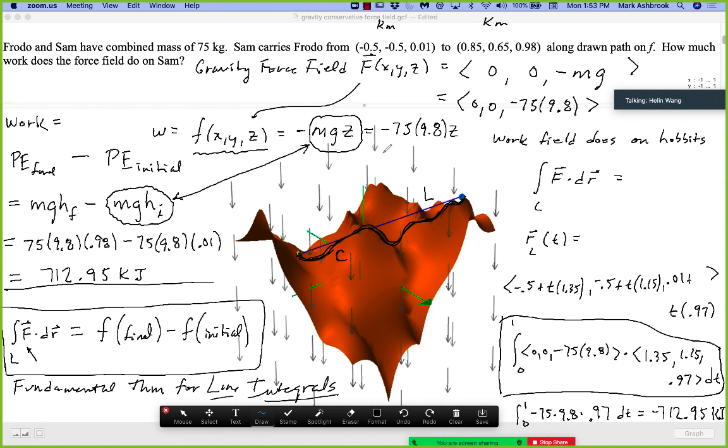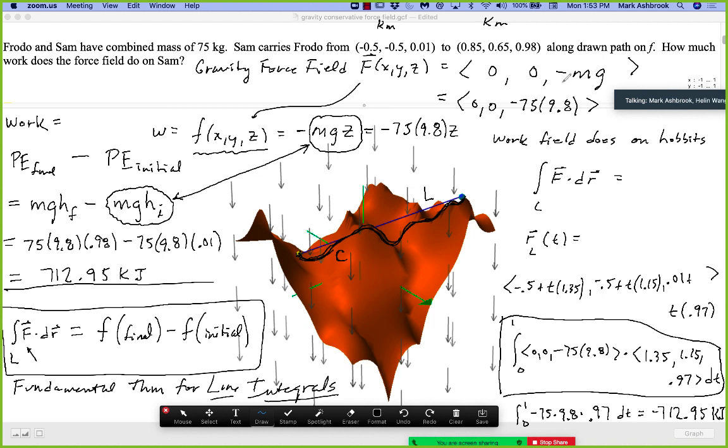So, professor, in these questions, the mountain one, the potential energy initial will be the same function for the gradient force? No, it's the same as the potential function for the gradient field. So here's the gradient field. The potential function of this is the negative mgz. Remember that?